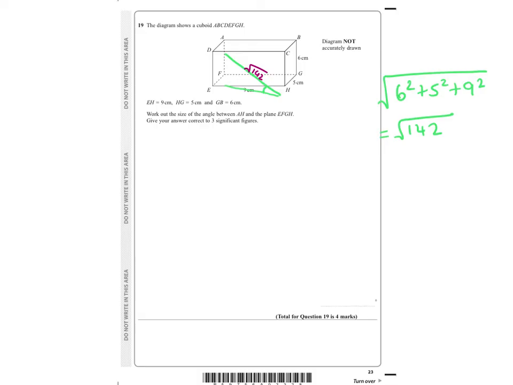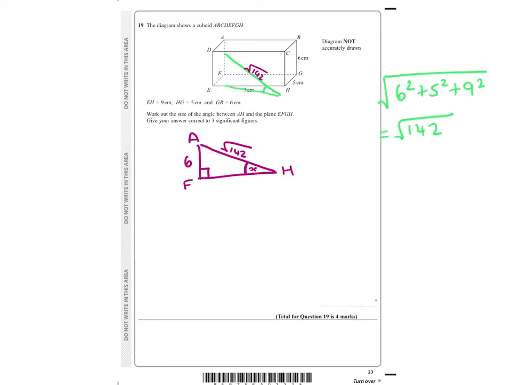Now if I show you this right-angled triangle, this is A, this is H, this is F. We know this is the square root of 142. We now need to find this angle X. We know this length is 6.